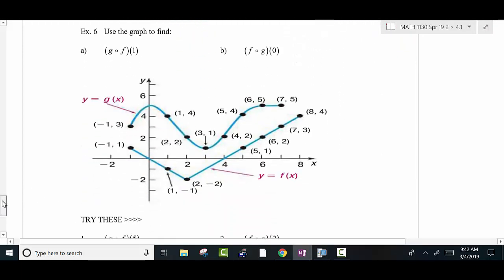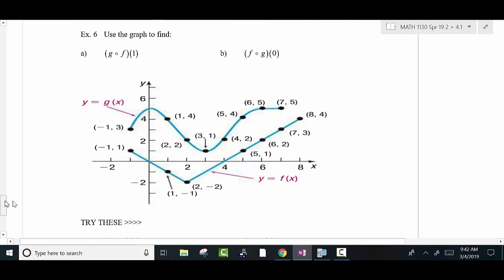Okay, so the last thing we'll do on this is just look at a graph. This is kind of like what we did at the very beginning when we had a table. It's exactly the same idea. With this one, we're going to start by writing this as g of f of 1. First of all, just look at your graph and figure out what f of 1 is.